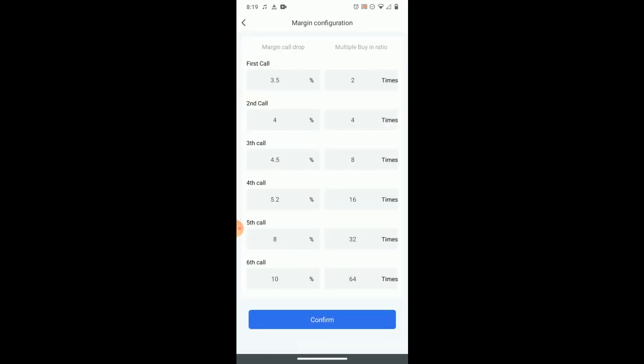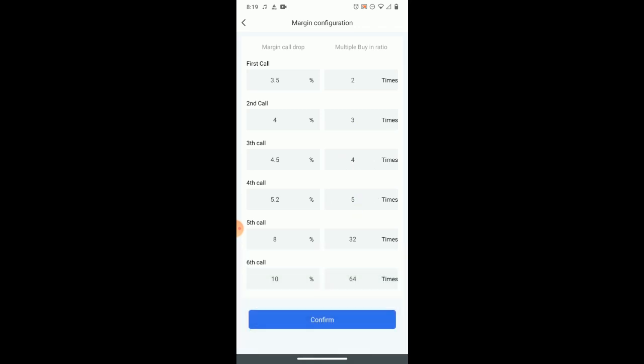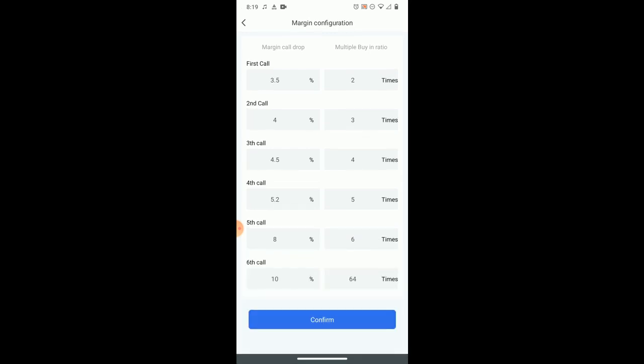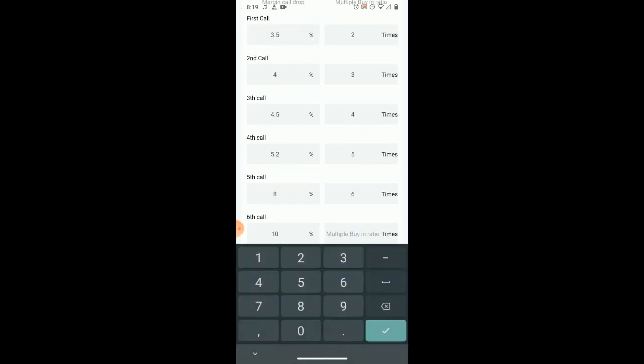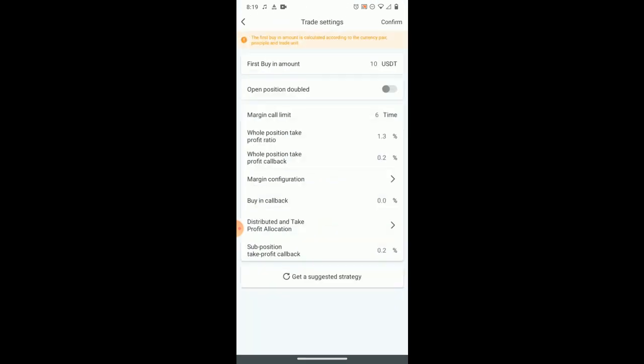You see? This one, I put it back to be 1. And if I want, I may put this to be 2, this to be 3, this to be 4, this to be 5, this to be 6, then this to be 7. Okay. Then I click confirm.